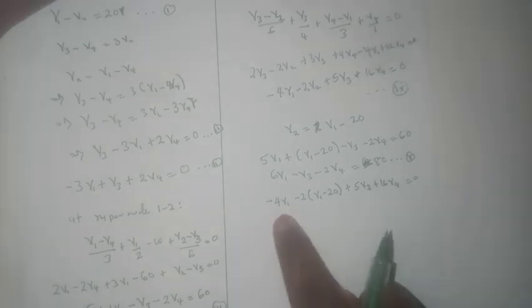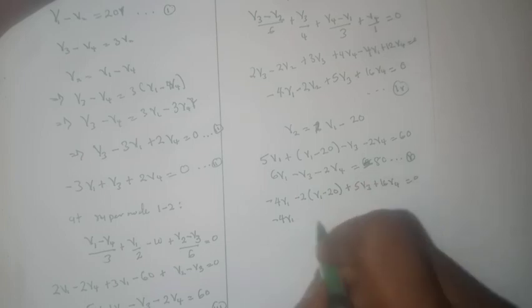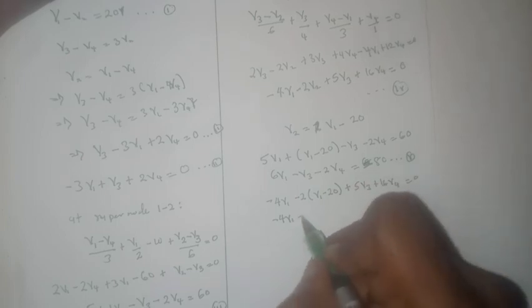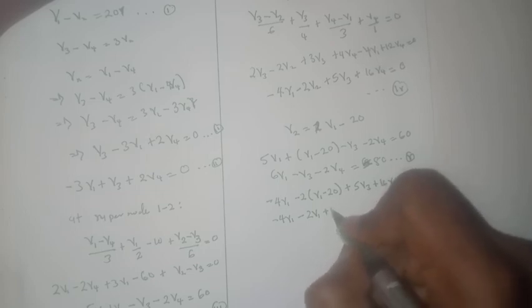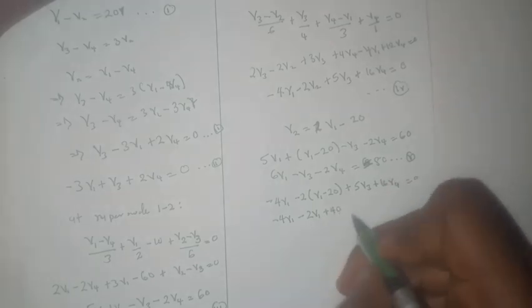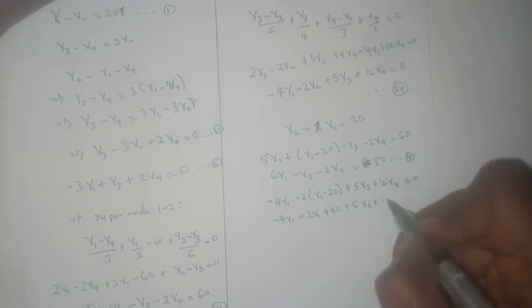Then we get minus 4V1 minus 2V1 plus 40 plus 5V3 plus 16V4.